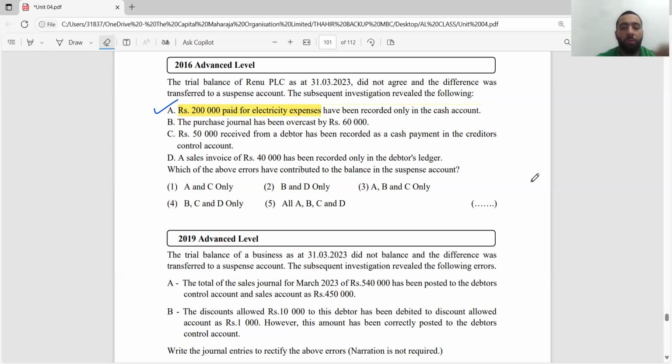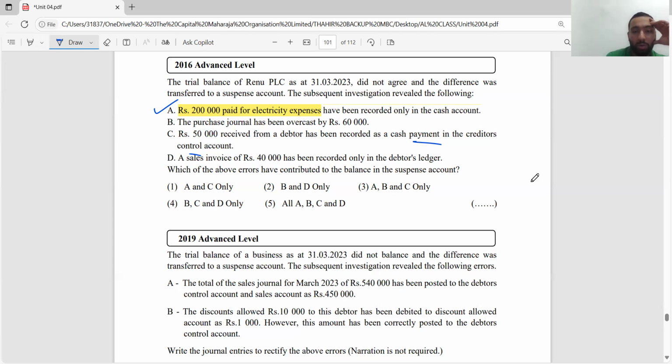Rupees 50,000 received from a debtor has been recorded as a cash payment in the creditors' control account. You receive 50,000 from a debtor, but it has been recorded as paid to the creditor. Now, what is the double entry?